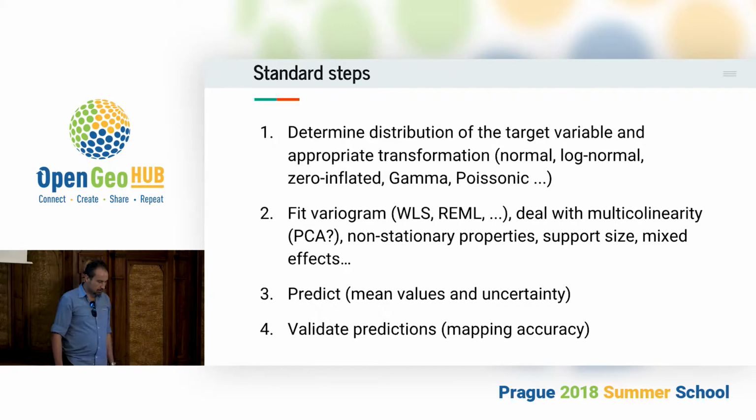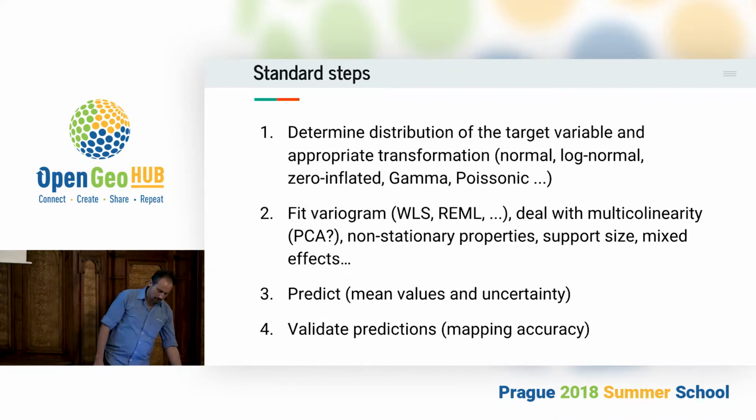So, something about kriging. In kriging you have these assumptions, and there's quite a mathematical derivation of the properties of different assumptions and different models. But typically you have to know the distribution of your target variable, so you have to look at whether it's normal or you need to do some transformation.